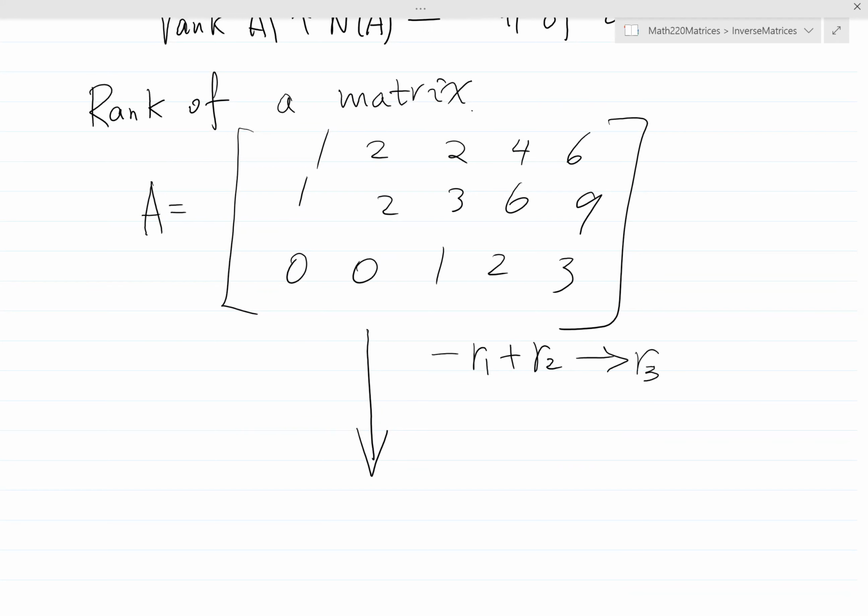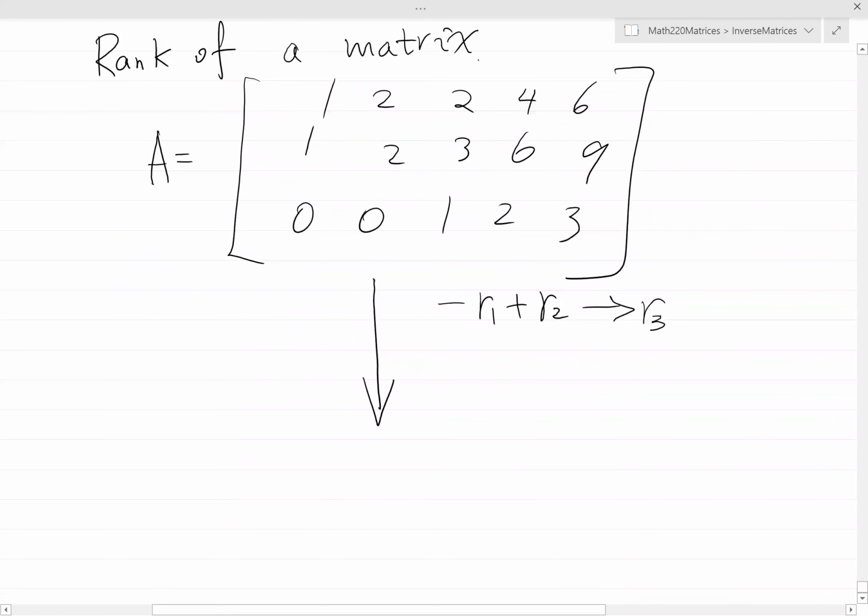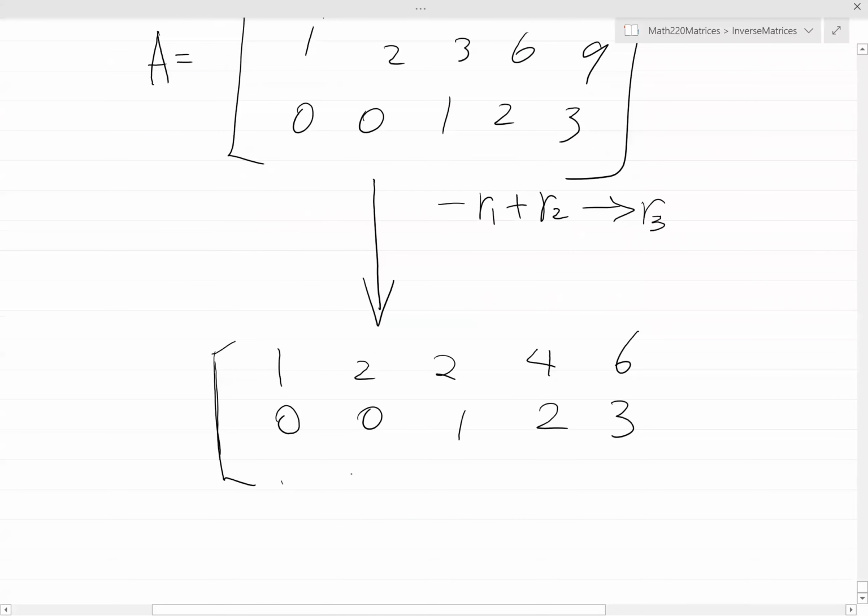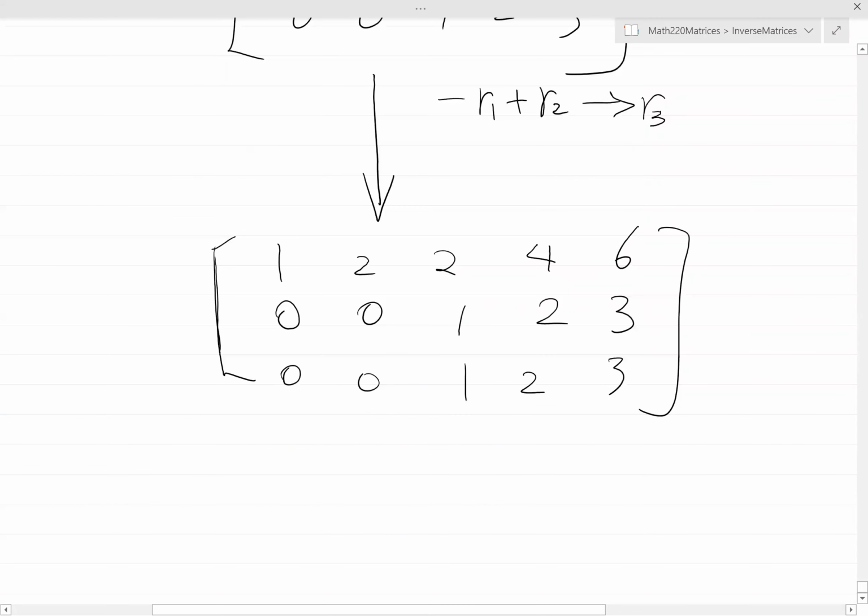So we let negative R1 plus R2 replace R2. Then what we get is, so R1 is fixed. R2 you get 0, 0, 1, 2, 3. And then you subtract. So 1, 2, 3, 1, 2, 3.